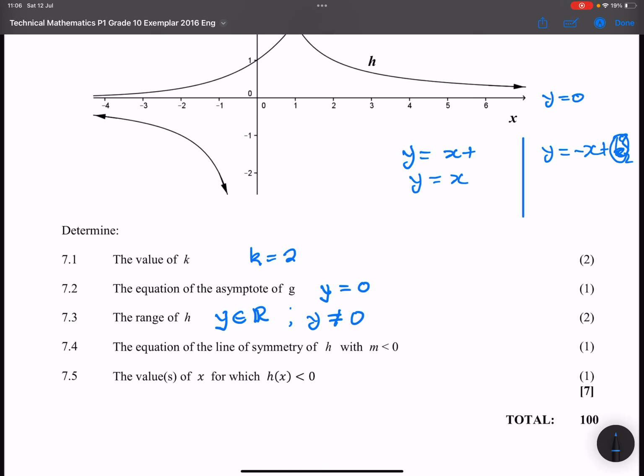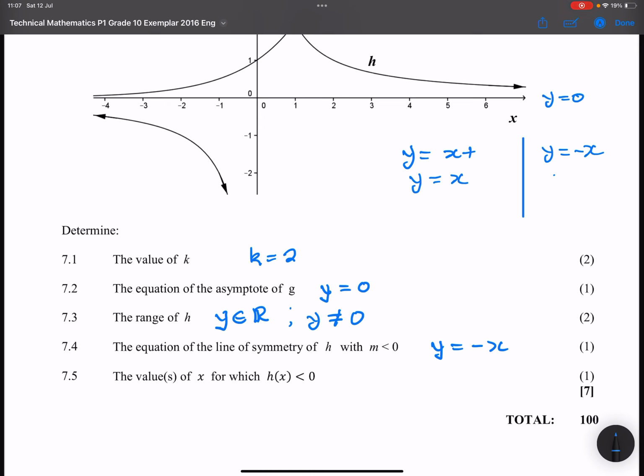But because they are both 0, your axes of symmetry would be y is equal to x and y is equal to negative x. But they said we must take the one with the negative gradient, so which means we've got y is equal to negative x. That is how we're going to get that, ladies and gents.